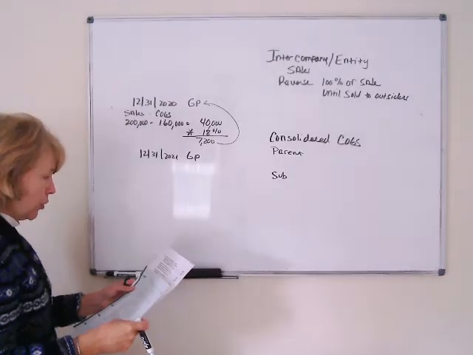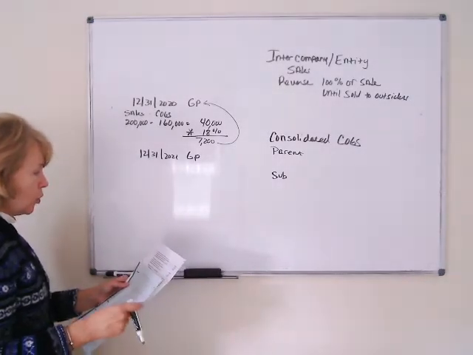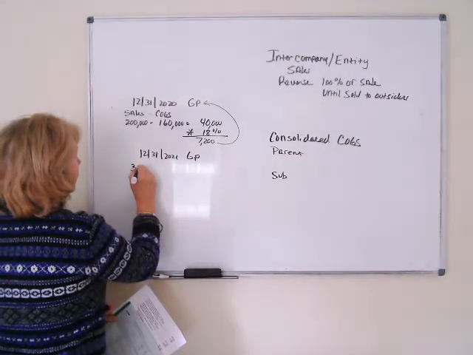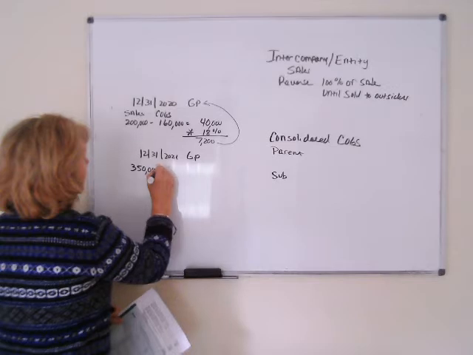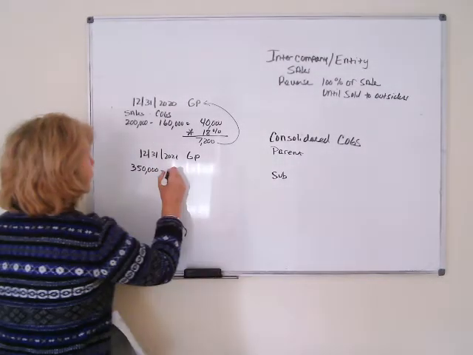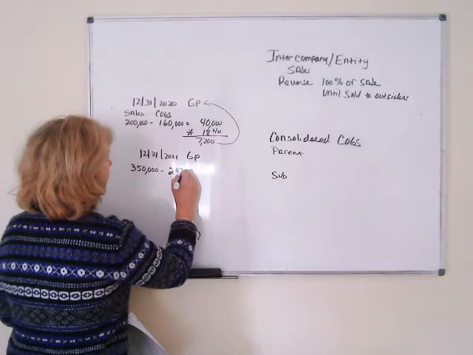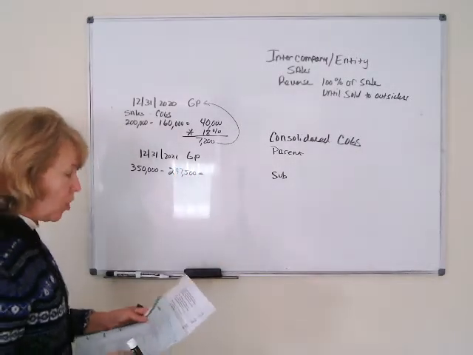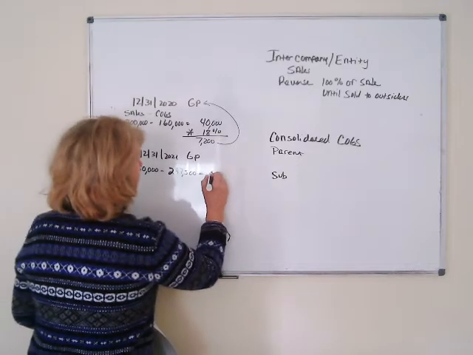Next, I'm going to figure out 2021. In 2021, the sales were $350,000. The cost of goods sold were $297,500, so your gross profit is $52,500.